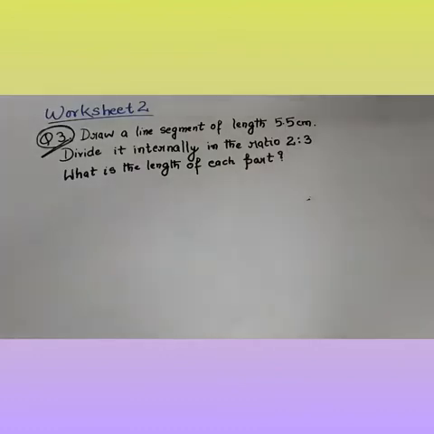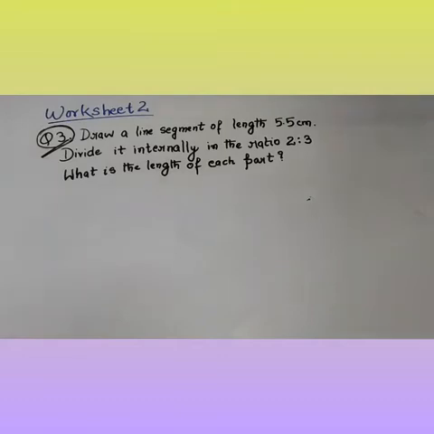So let's see the second question. The second question is, draw a line segment of length 5.5 centimeter. Divide it internally in the ratio 2:3. What is the length of each part?